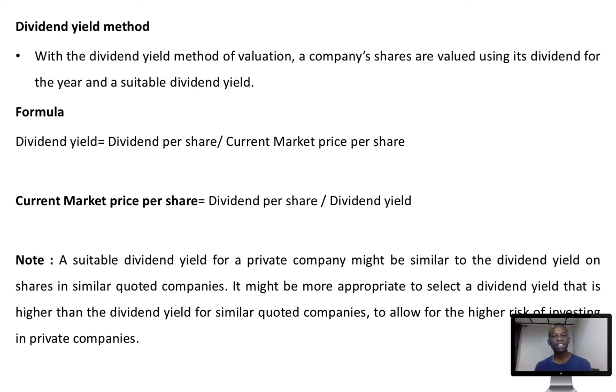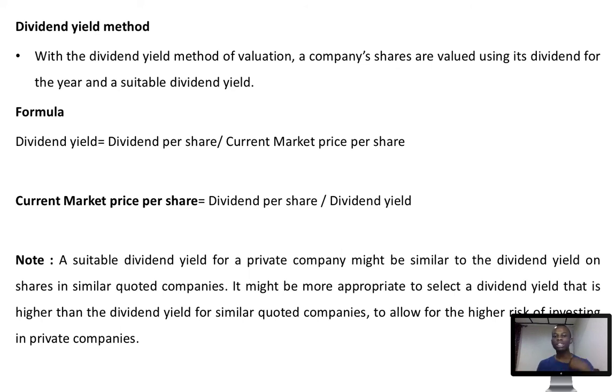So a stable dividend yield we are talking about here, for a private company, might be similar to a dividend yield on shares in similar quoted companies. It might be appropriate to select a dividend yield that is higher than the dividend yield for similar quoted companies, because with a higher dividend yield you are going to reduce the current market price.